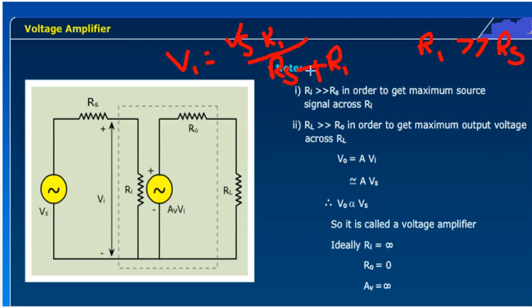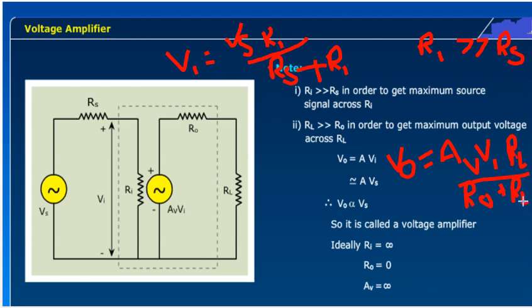Similarly, if RL is large compared with R0, then for the voltage drop across your RL, we can write V0 by applying the voltage division rule. The total voltage source applied is AV into Vi, and we calculate across your load resistor, so that is RL by the total resistance on the output side, that is R0 plus RL.